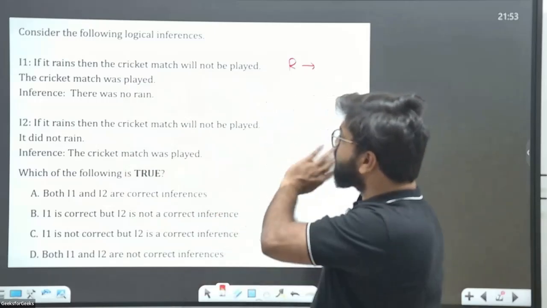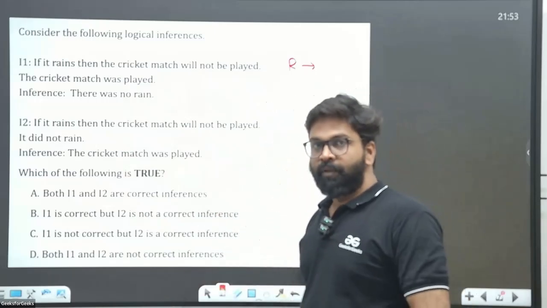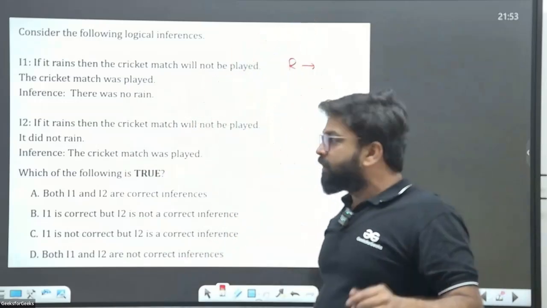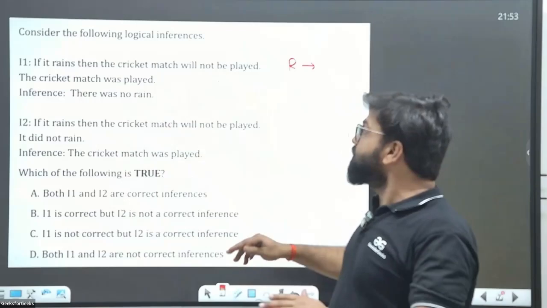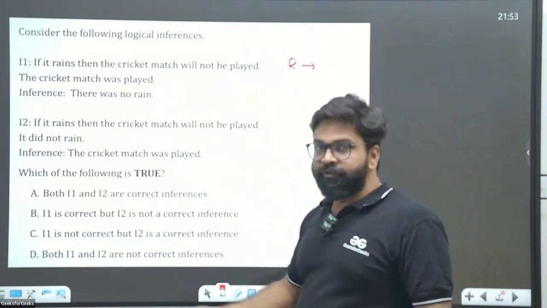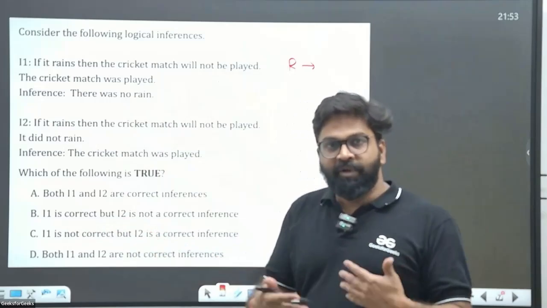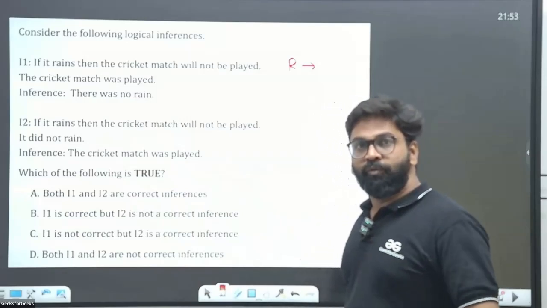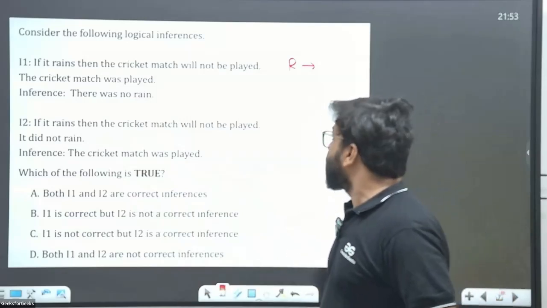If it rains, then the cricket match will not be played. And then the cricket match was played, and then you'll think, okay, there was no rain. Second, read the second. If it rains, then the cricket match will not be played. It did not rain, so the cricket match was played. If you read like this, if you come up with your own evaluation, 100% both statements will become true. And here comes the beauty of mathematics.